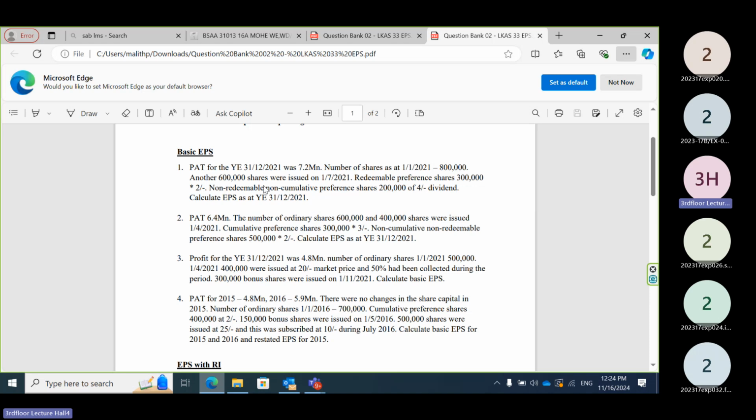Why? The relevant interest is already deducted. For the other shares that are not redeemable, that expense has not been deducted, so it will be additionally deducted.